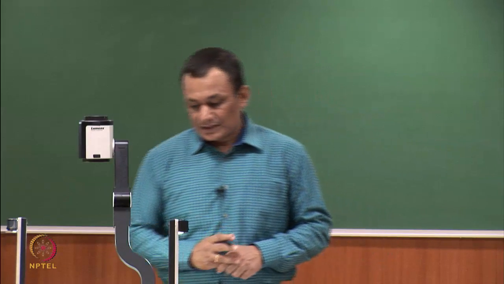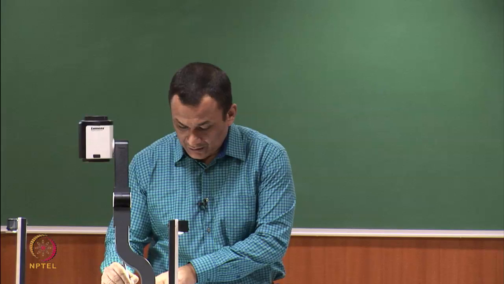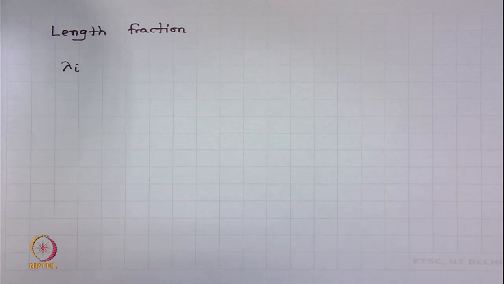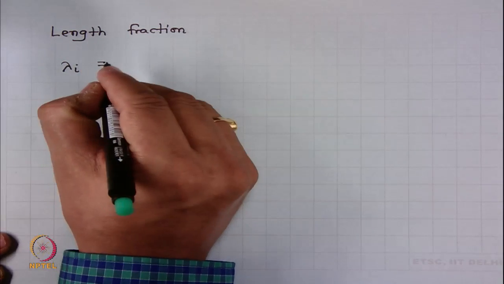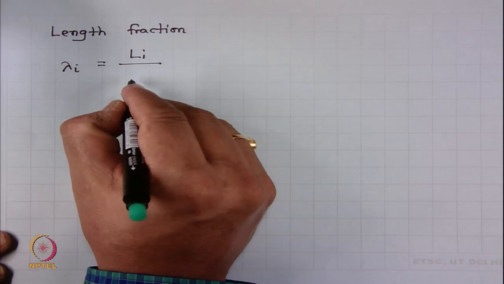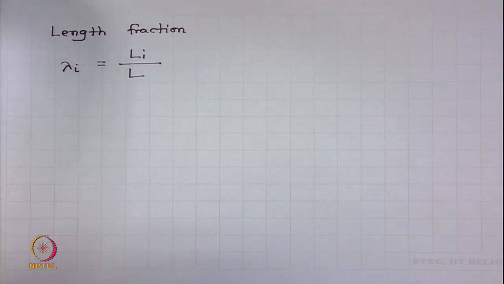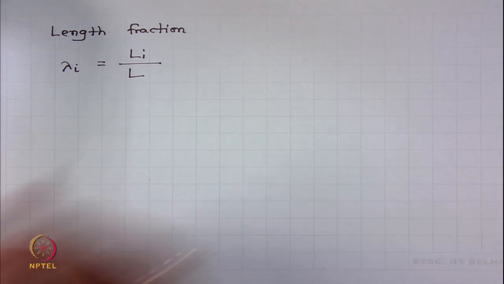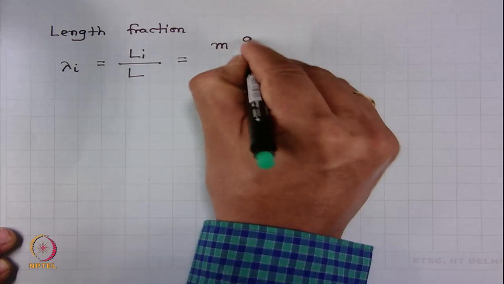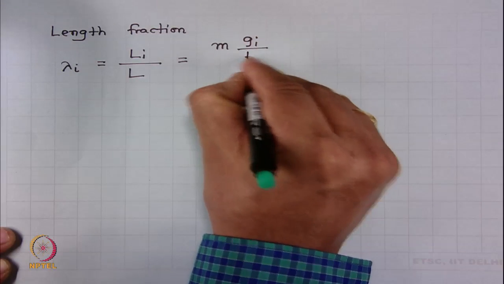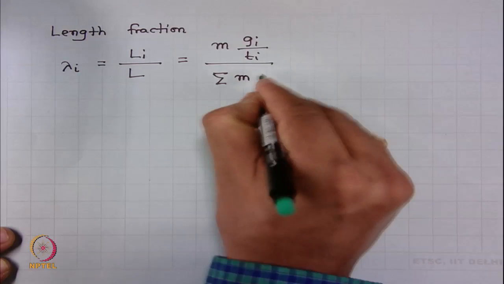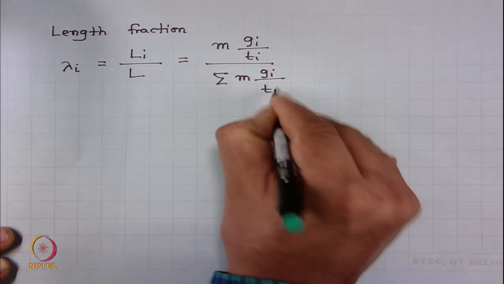What is length fraction? Length fraction we denote by this symbol, which is equal to total length of all fibers of ith component divided by length of fibers in the blend. What is L subscript I? It is m Gi by Ti.